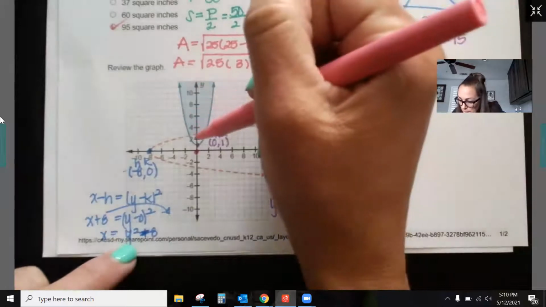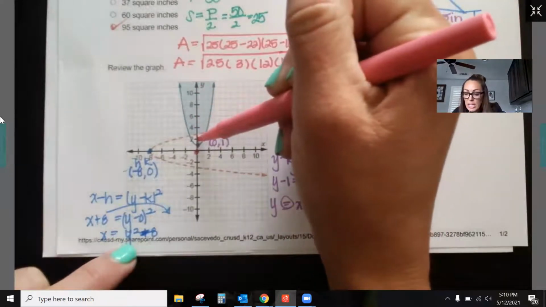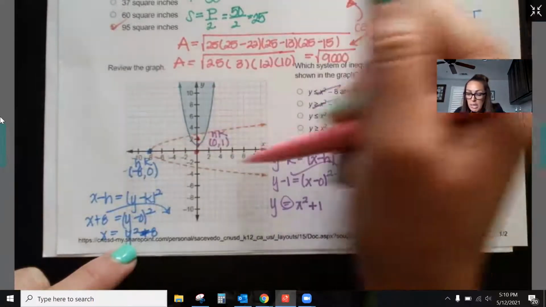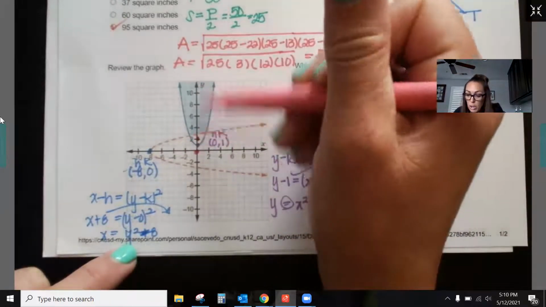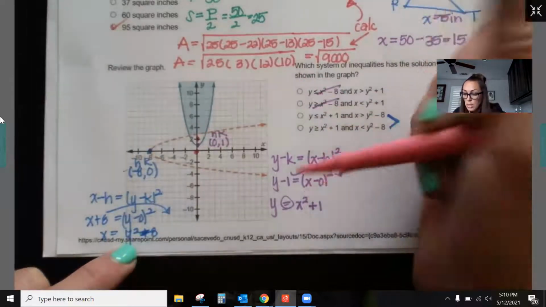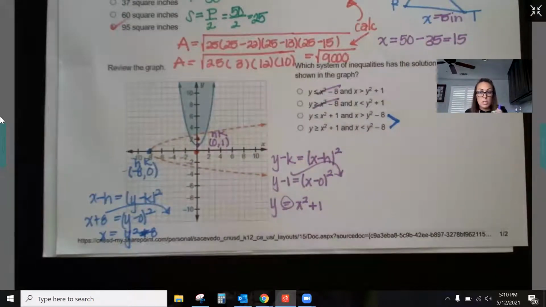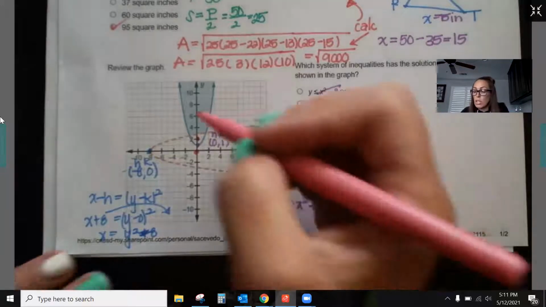If I pick this point here, it is not included in my yellow region, but it would have been included in my blue region. So it would have to be true for this equation and not for this equation. Kind of gets complicated when you start thinking about things like that. So one strategy could be to pick a point that is not in both, or something that is in both. Whatever you prefer.